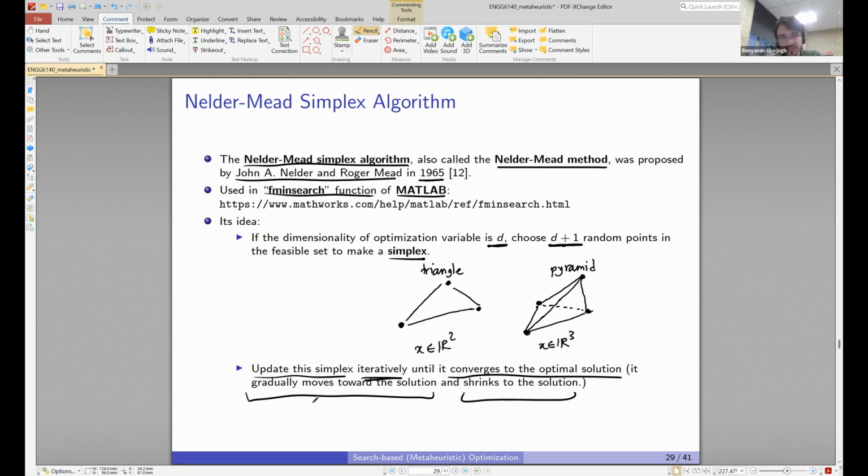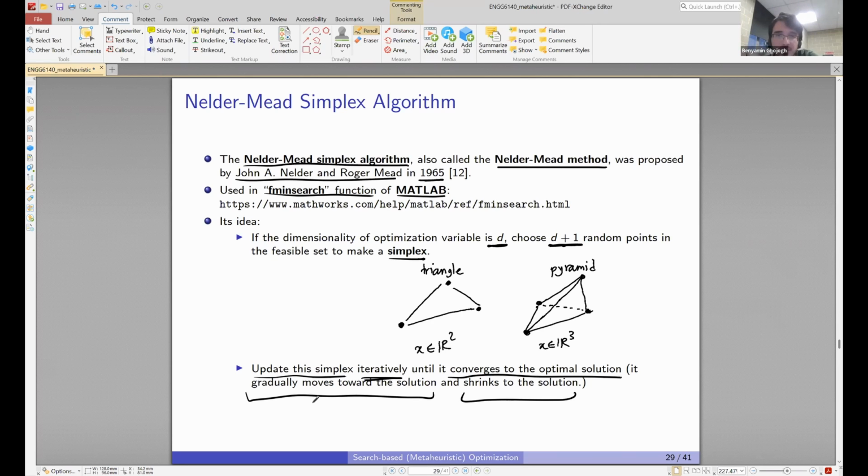Gradually moving that simplex toward the optimal solution, and also shrinking that simplex toward the optimal solution. So while it is being moved gradually toward the solution, it is also shrunk, becoming smaller and smaller. So at the end, the corners of the simplex will become very close to the optimal solution, converging to it. So this is the idea behind the Nelder-Mead Simplex algorithm.